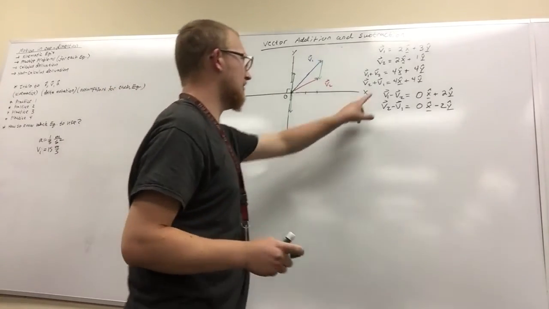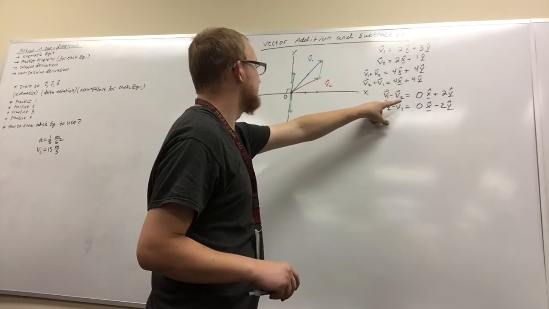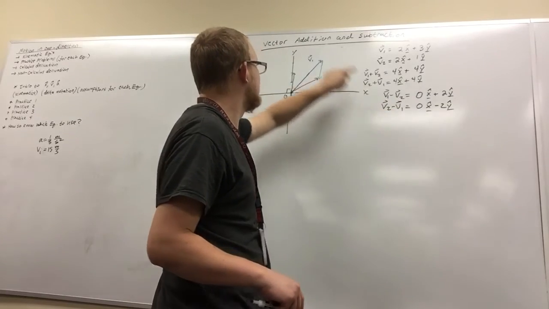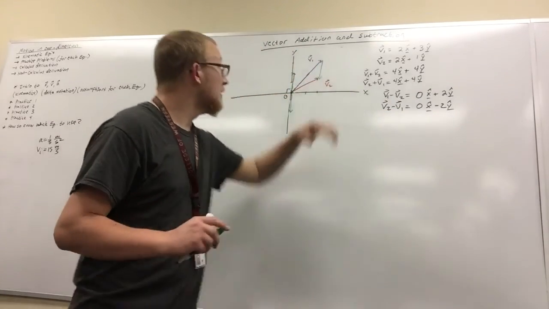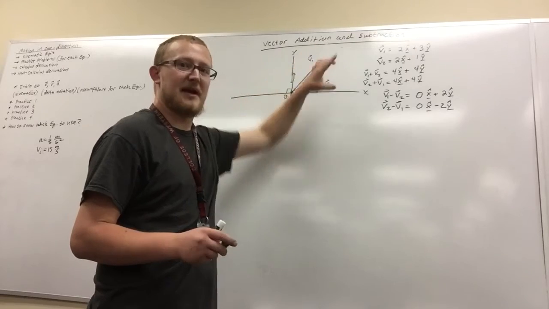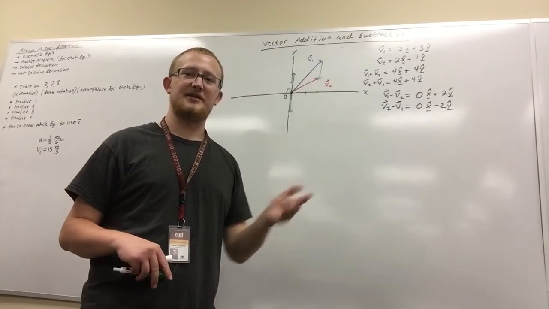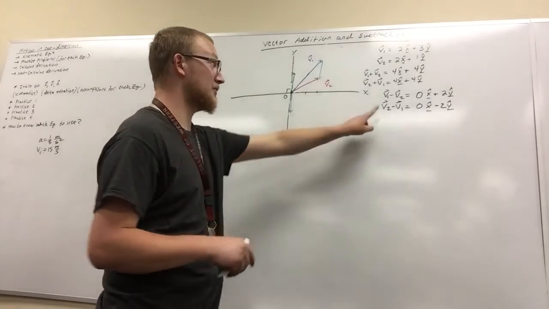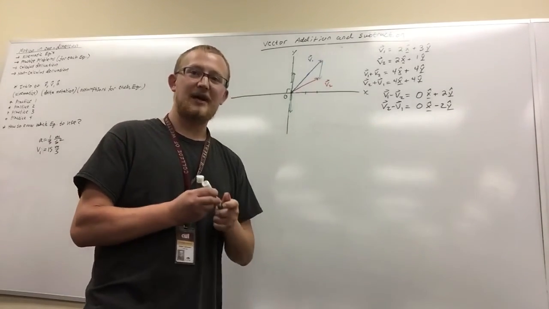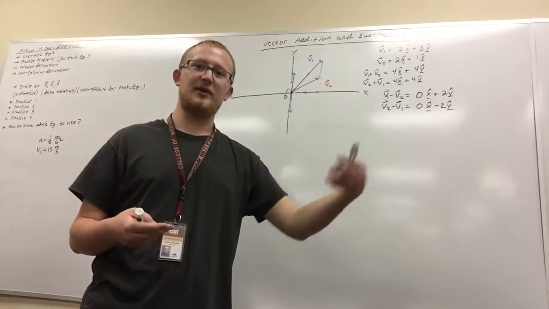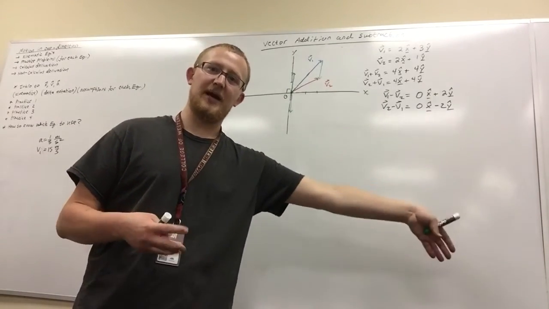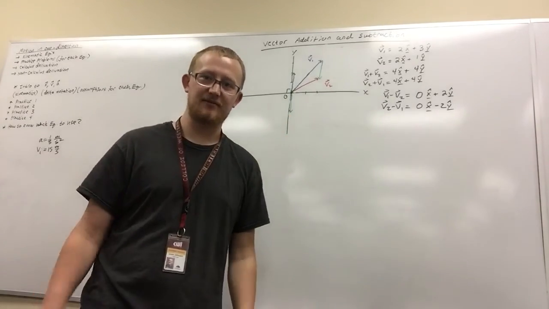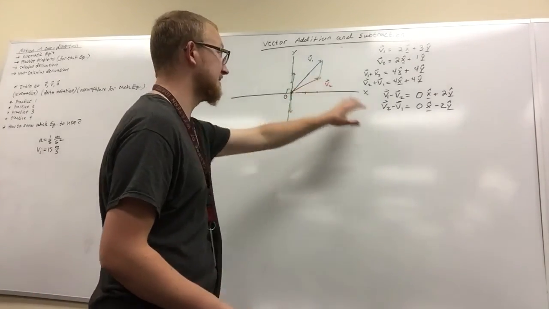So if you have V1 minus V2, it's pointing from V2 to V1. If you have V2 minus V1, it's pointing from V1 to V2. But both of them are going to have the same magnitude. It's just the direction is going to be exactly opposite, depending on which one you subtract first. Which kind of makes sense because, like I said, 3 minus 2 equals 1. 2 minus 3 equals minus 1. 1 and minus 1 are perfect opposites of each other from the origin, and so it kind of makes sense.